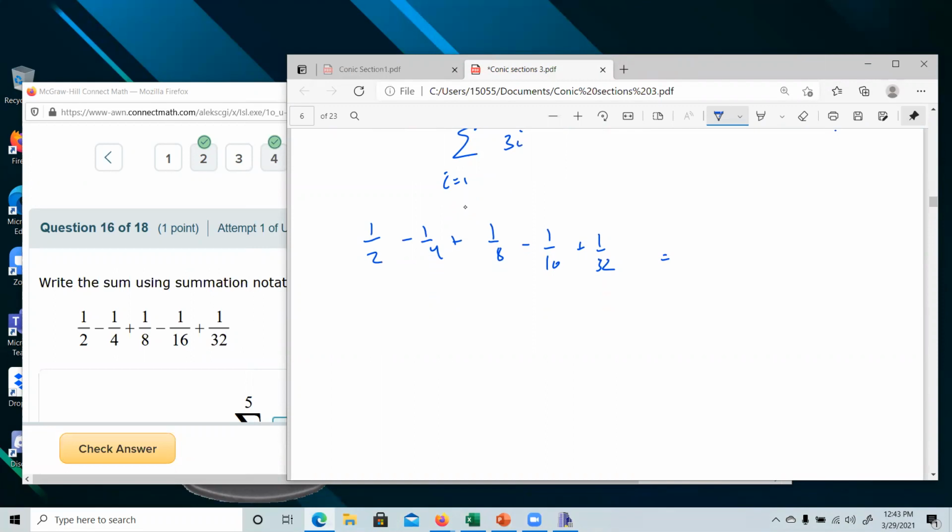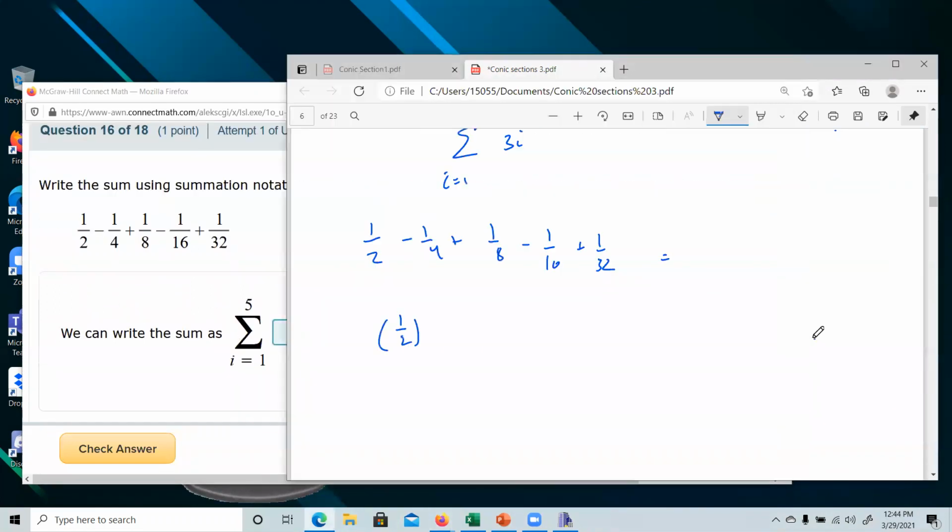So let's see, this looks like 1/2 raised to the, is this an i? This is an i. And we started off with a positive 1, so let's go ahead with i plus 1. Oh no, I want to go with 1/2, and I want to go with -1 to the i plus 1.